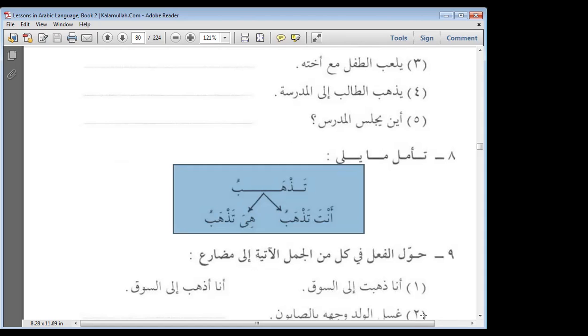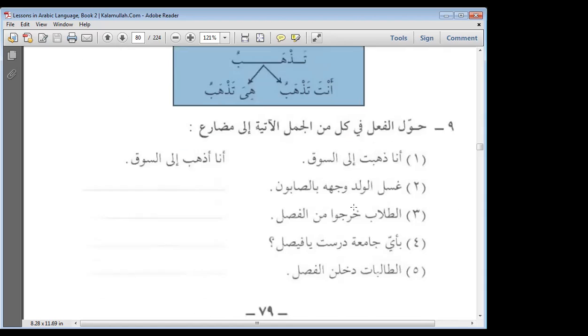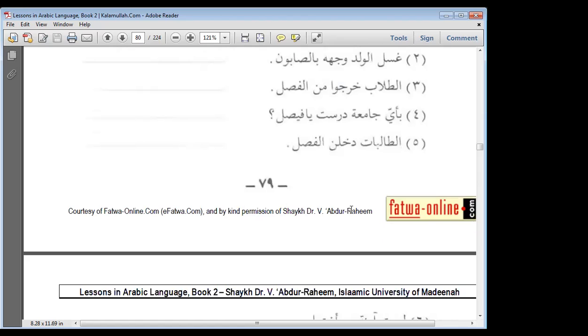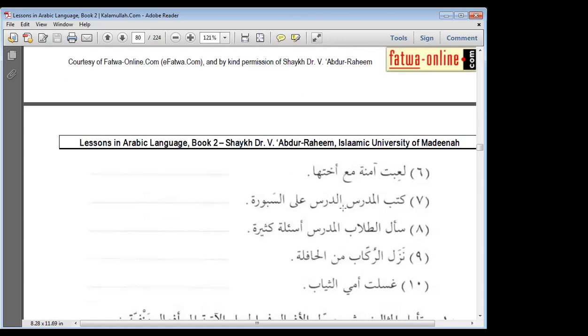All right? And of course, hiya is she, which is feminine, third person, singular. So you have anta tadhabu, hiya tadhabu. Both are the same spelling, same pronunciation, right? So the only way we tell them apart is based on the context in the sentence, right? So please remember that. And of course, we had a little bit of practice, again, with various forms of the verb.